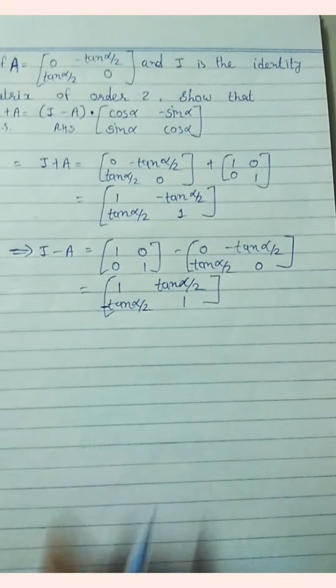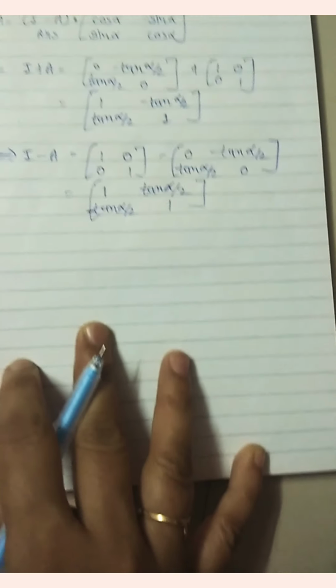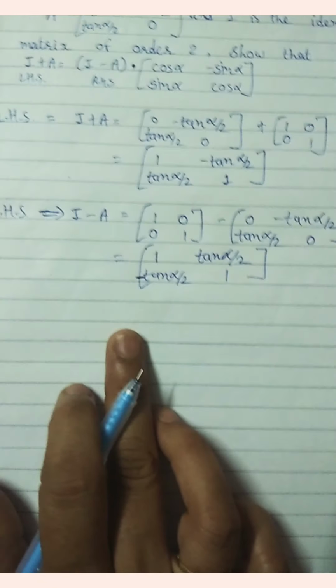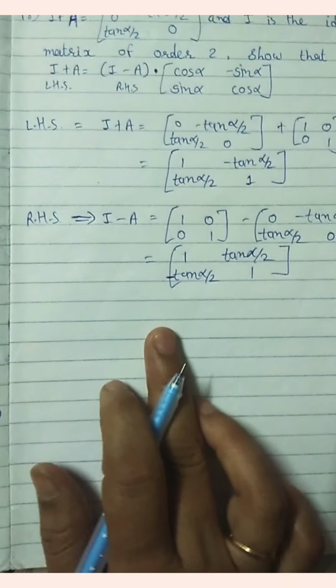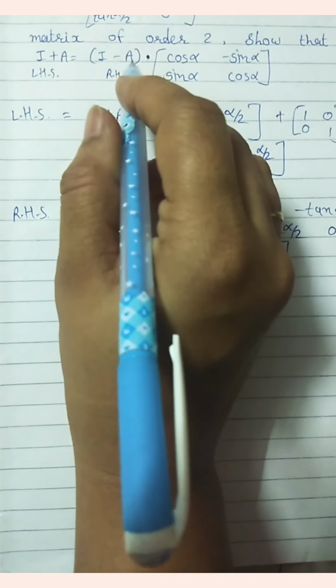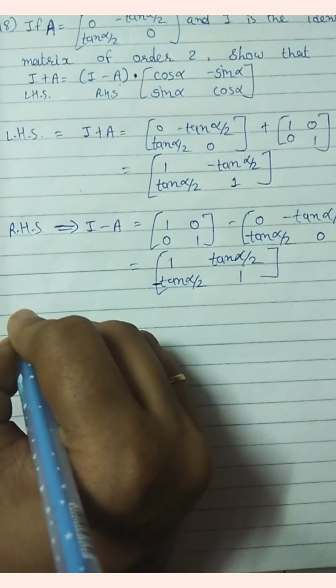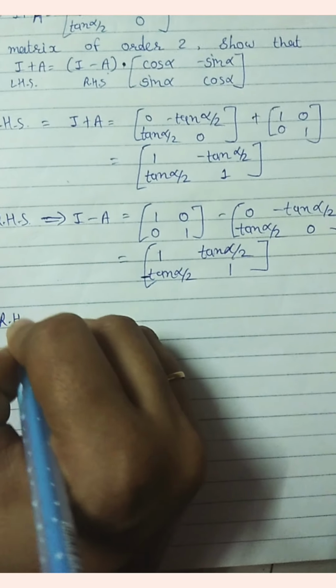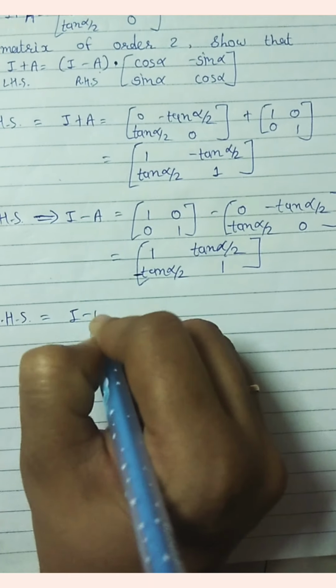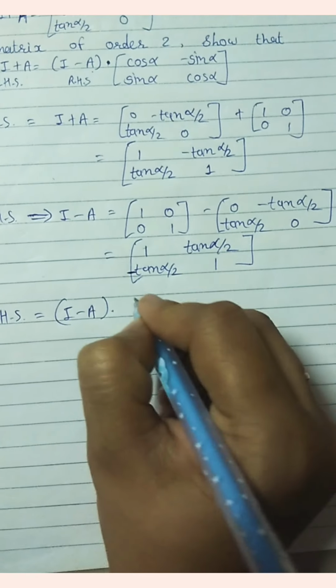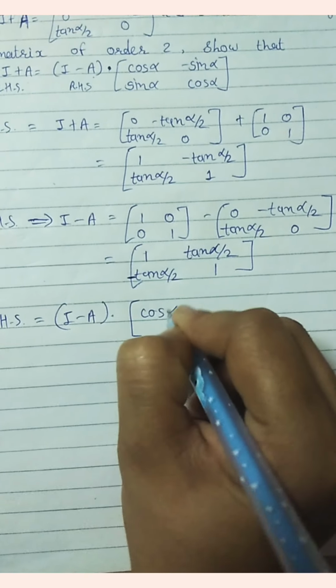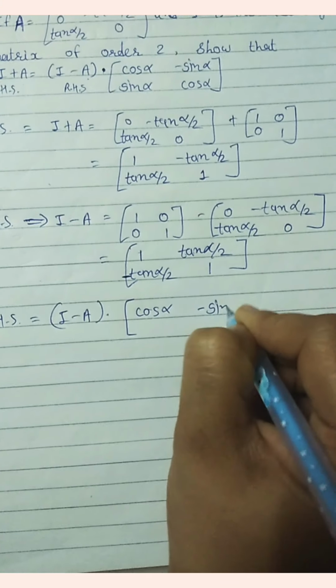Okay, so this is one part of RHS. So for RHS I have to multiply this with a matrix. So RHS is equal to (I minus A) into [cos alpha, -sin alpha; sin alpha, cos alpha].